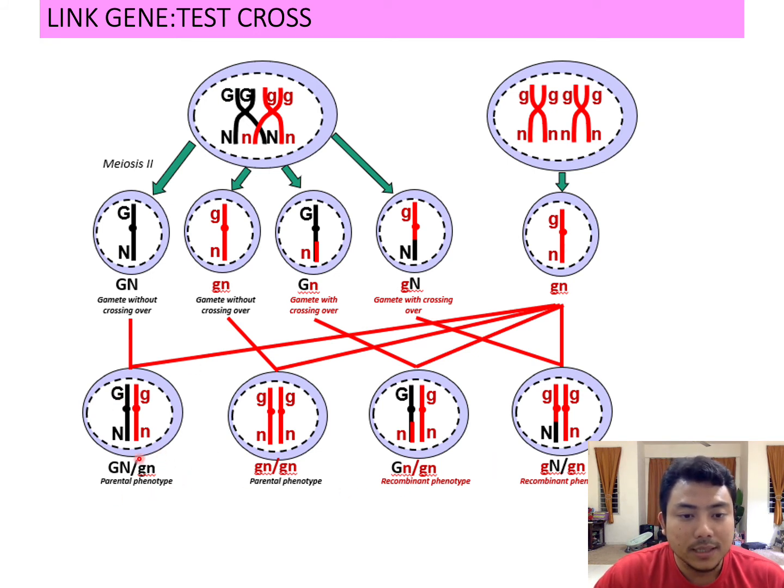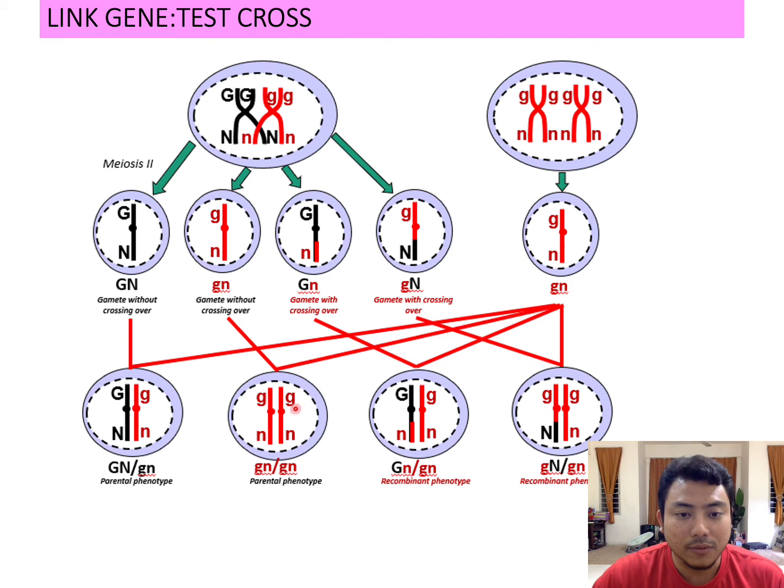What you will notice later is that these two groups are the parental phenotype. What I mean by parental phenotype is capital G, capital N, small g, small n is exactly the same as this parent. Capital G, capital N, the same goes over here, and small g, small n. So this offspring is identical with this parent.